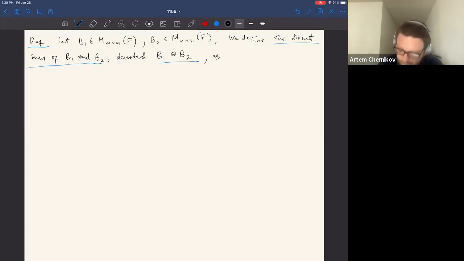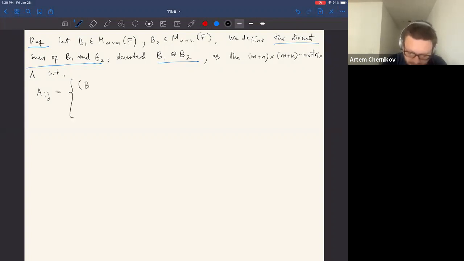This is going to be the m plus n by m plus n matrix. So still a square matrix, but its dimensions are now the sum of the dimensions of B1 and B2. So this is going to be the m plus n by m plus n matrix A, defined as follows. The entries Aij of this new matrix are defined as follows.